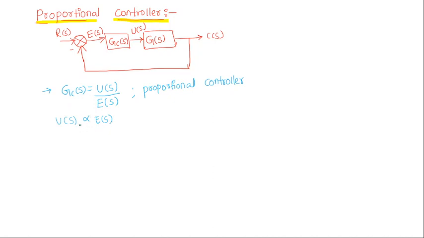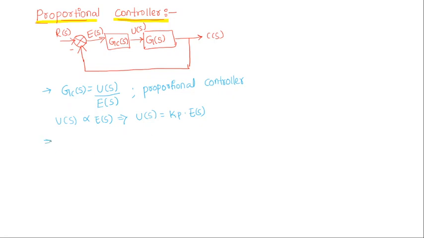If I remove the proportionality symbol and replace it with a constant, then U(s) becomes Kp into E(s), where Kp indicates the gain of the proportional controller.